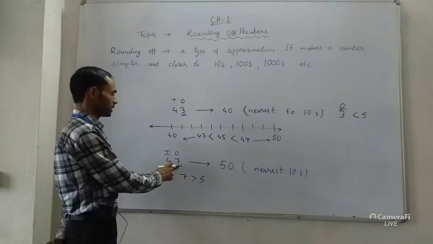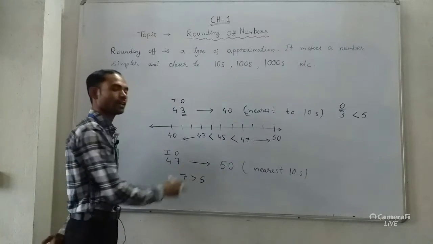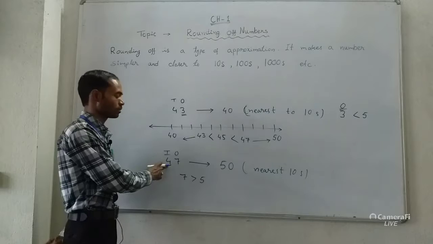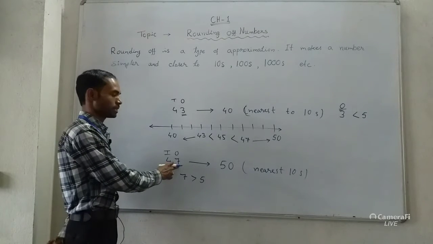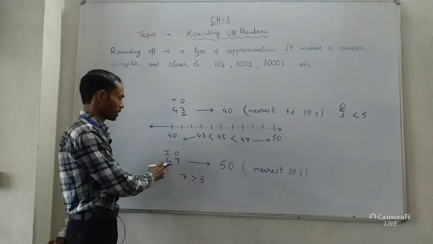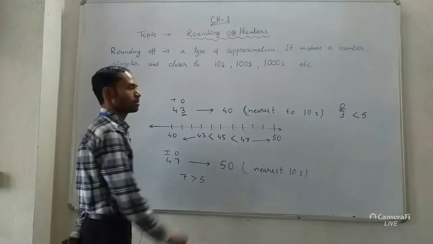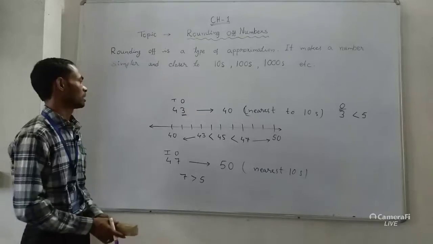If the ones place digit is greater than 5, then the 10 place digit will increase by 1 and the ones place digit becomes 0. So 4 plus 1 becomes 5, and here is 0. So 47 becomes 50. This is the rule.